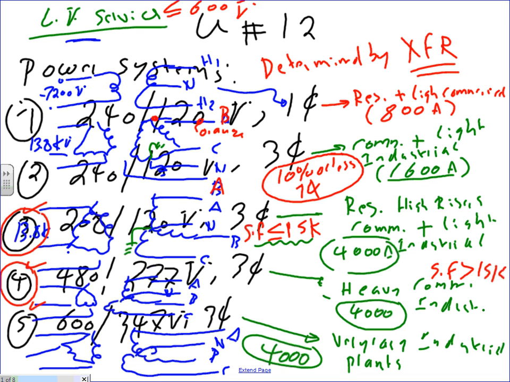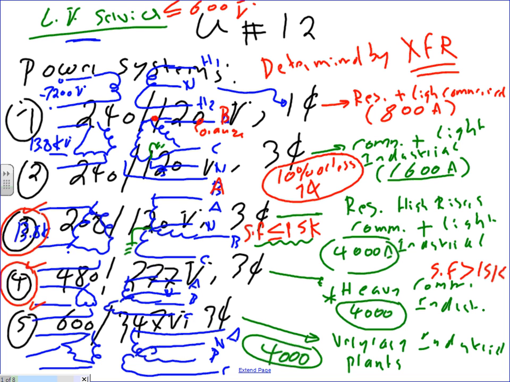I emphasize the word heavy. You have heavy commercial and industrial buildings, almost always 480/277. Then we transfer it down to 208/120 so we can burn some lights and burn some receptacles.